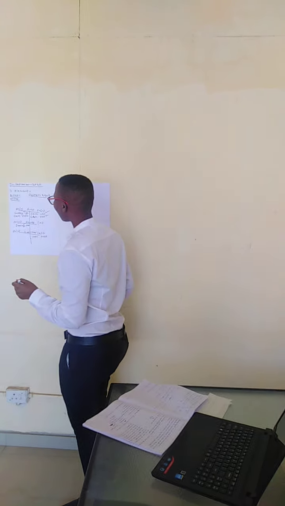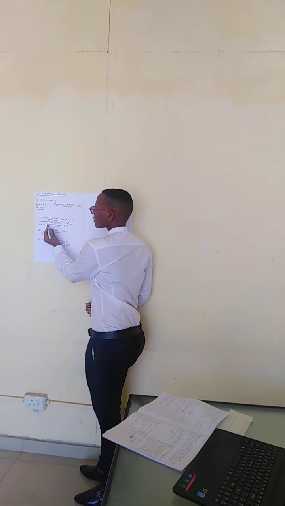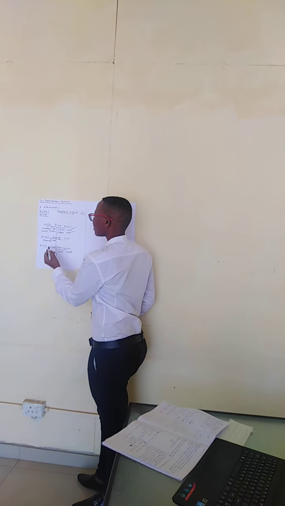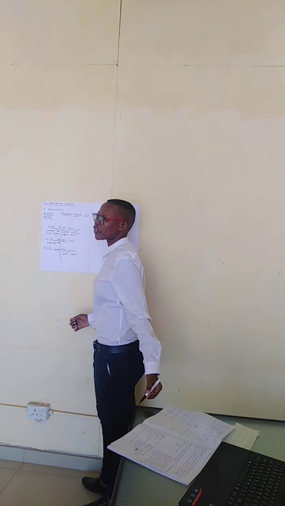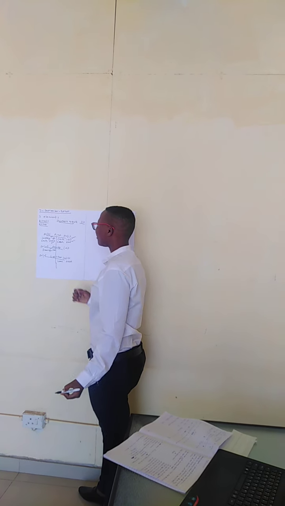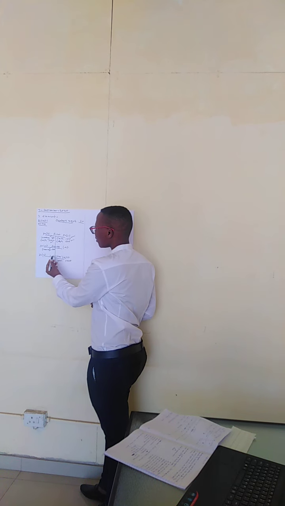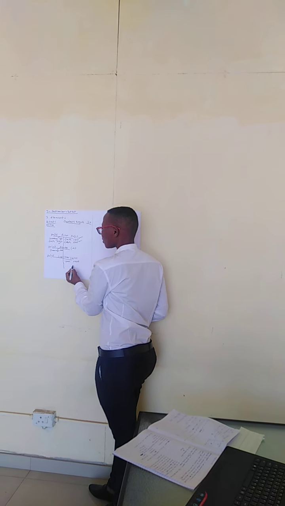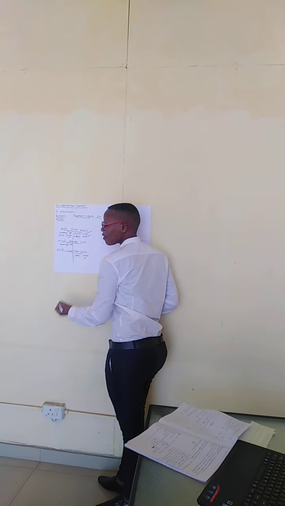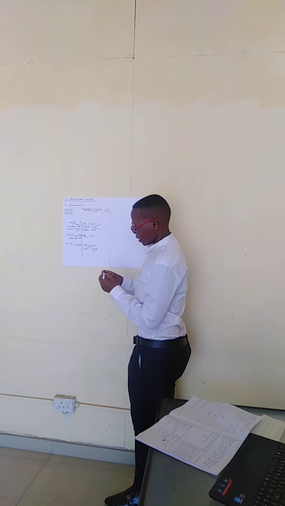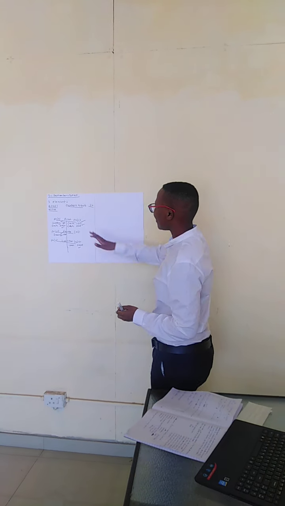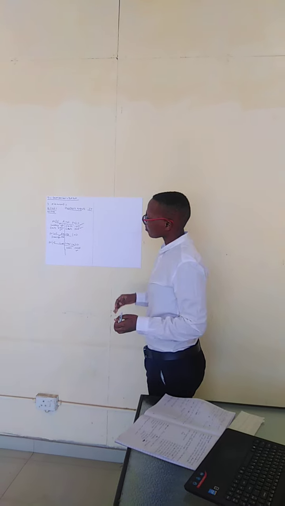So now we can see that under assets on the debit side, we have 5,000 rand. And then that 5,000 rand, we also have it under liabilities, which is 5,000 rand. So how can we be so sure that these things are balanced?